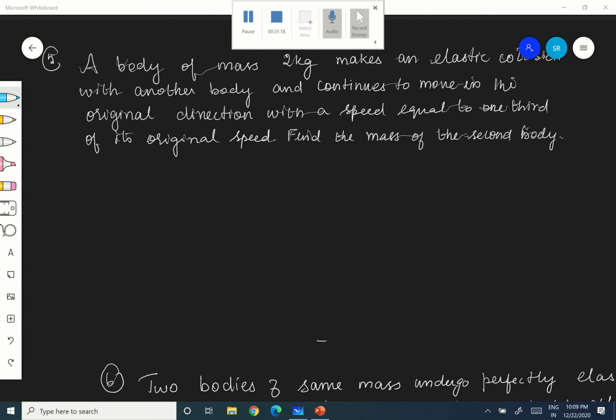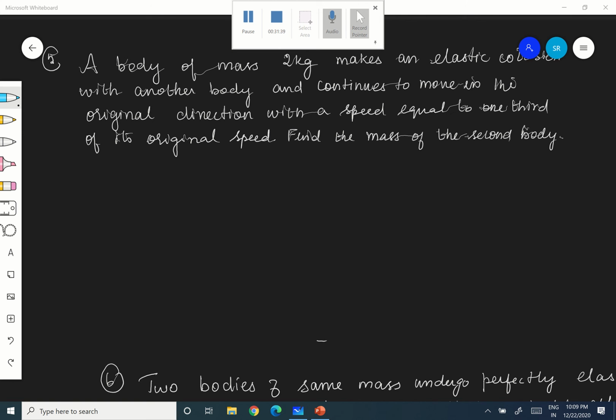Next: a body of mass 2 kg makes an elastic collision with another body and continues to move in the original direction with a speed equal to 1/3 of its original speed. Find the mass of the second body. What is given?